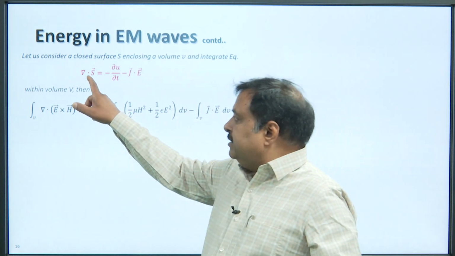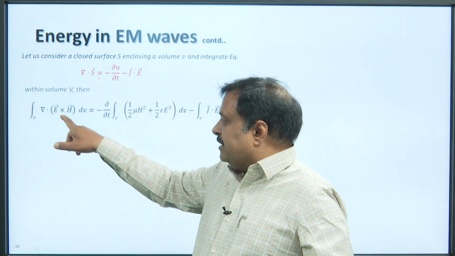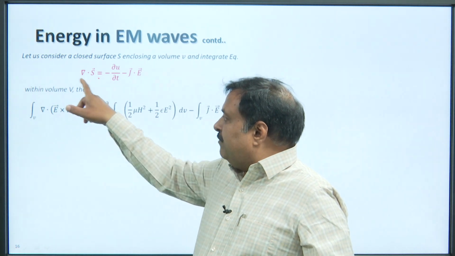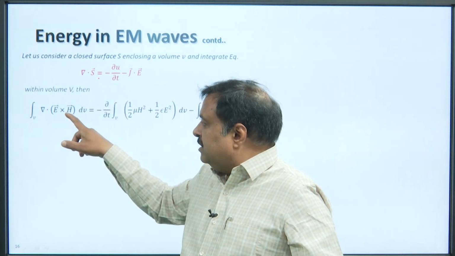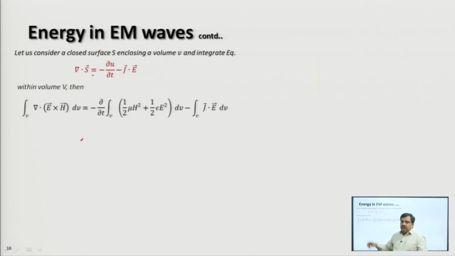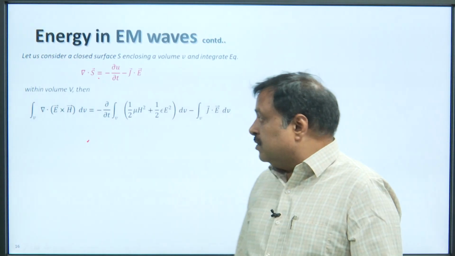Left hand side S is E cross H. So, left hand side is integrated in the volume. Volume integral is a triple integral. Volume integral is done in 3 dimensions. The quantity is integrated in x, y and z, all dimensions.